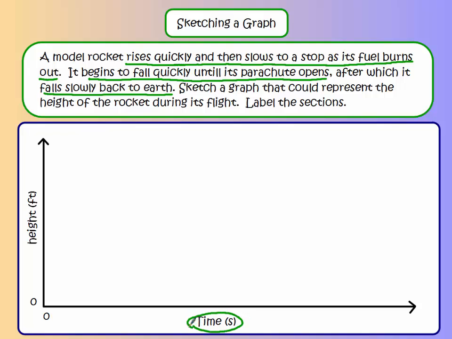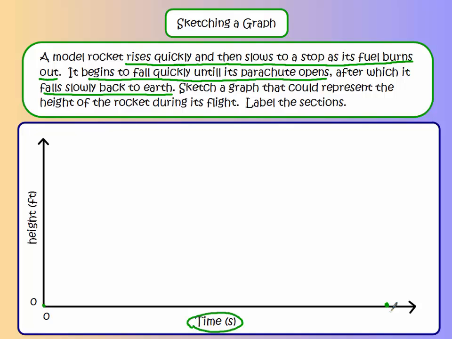As time moves on, going this way, and then here's my height. We know at the start, before we even launch our rocket, we're going to be here. Time 0, we're on the ground. And somewhere at the end over here, however long this is going to take, it's going to parachute all the way back down to the ground. So it's everything in the middle that we have to figure out.